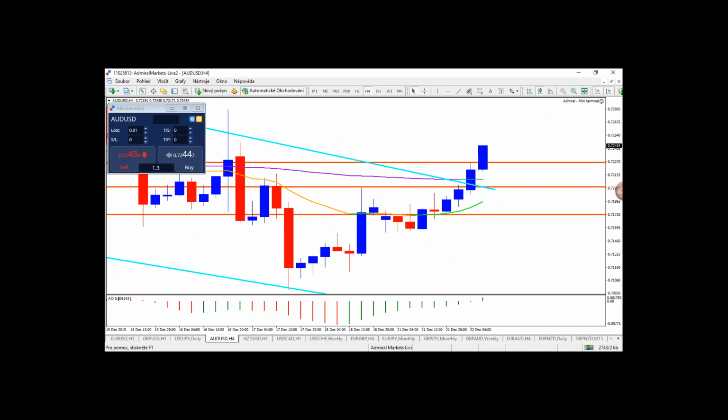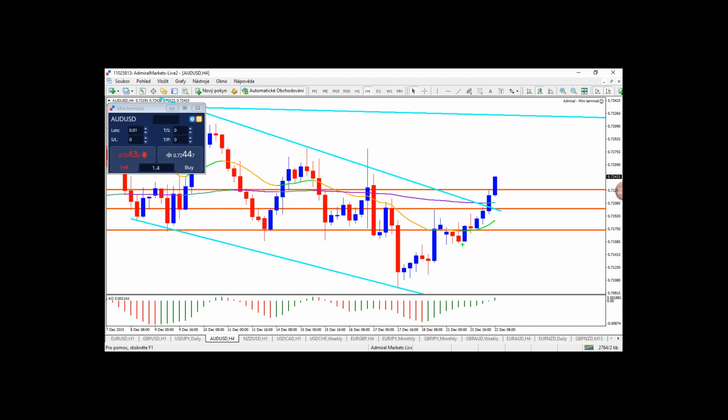Might be best just to wait for a pullback of this 4-hour candle. All right, we got a series of upside candles, higher highs and higher lows. In any case, as you can see here, all these candles are showing it's definitely in a good momentum at the moment, pushing through this trend line.